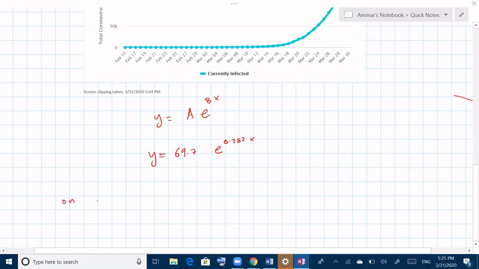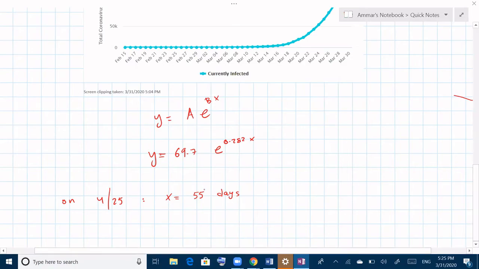So on April 25th, how many days is that from March 1st, the starting day? X equals 55 days. We are 55 days away from March 1st.